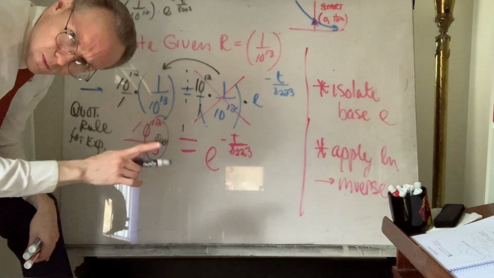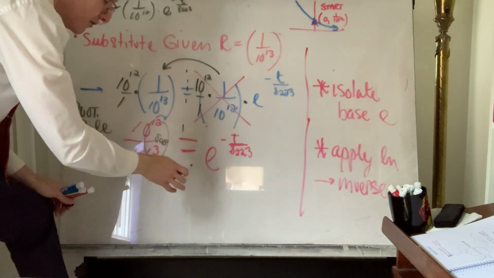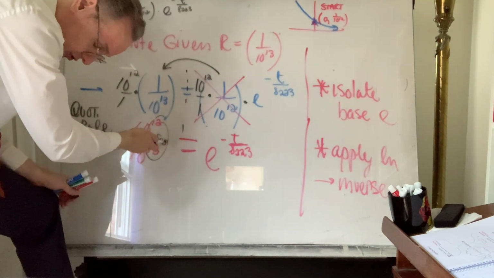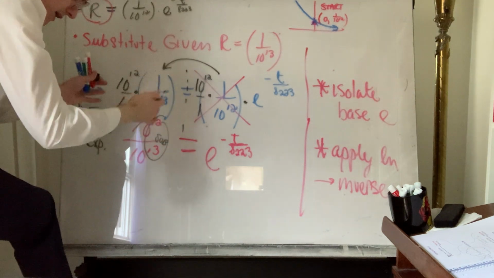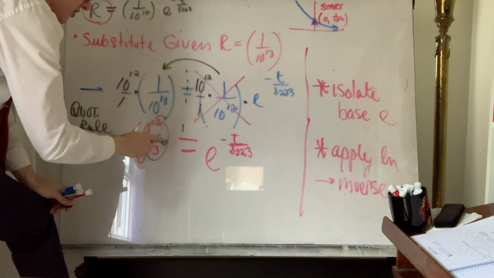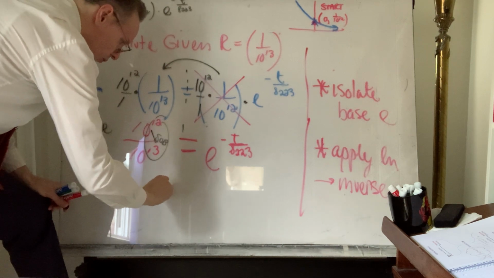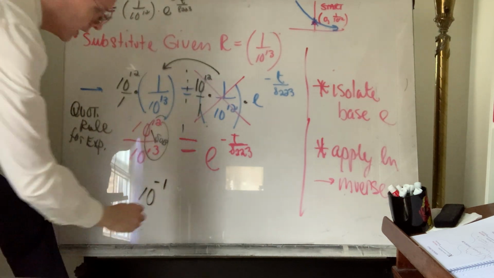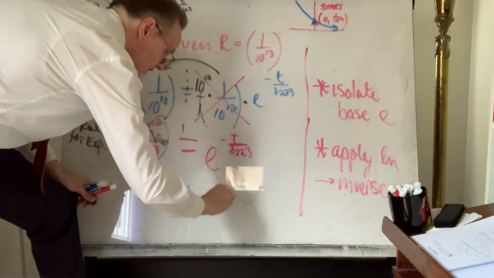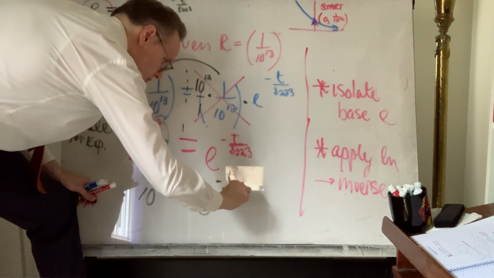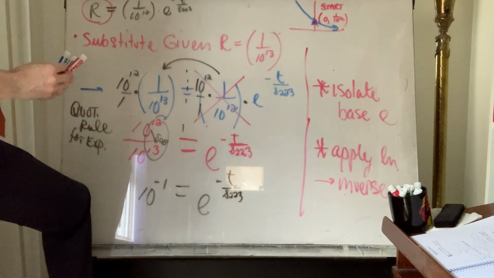Whatever you get as an outcome, write it above the line. Whether it's negative or positive, that is the exponent, just write it on top. 12 minus 13 would give you 10 to the negative 1. And then this is still over here, e to the negative t over 8,223.